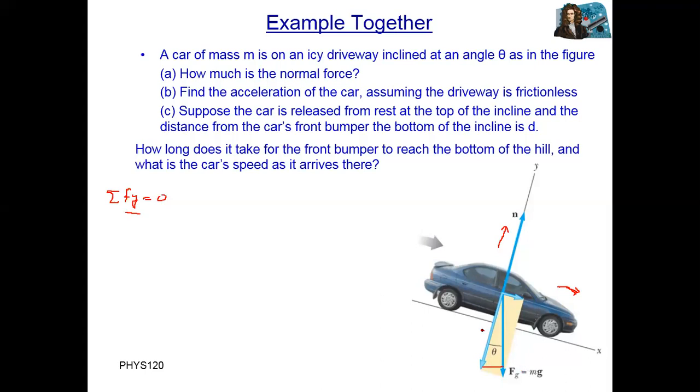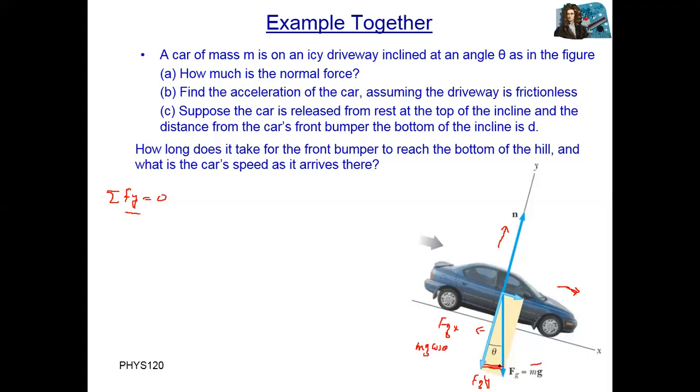This one is the gravitational force x component, and this one is the gravitational force vertical component. The angle is given, F is equal to mg. So what will this x component be equal to? The x component is equal to mg cosine theta.